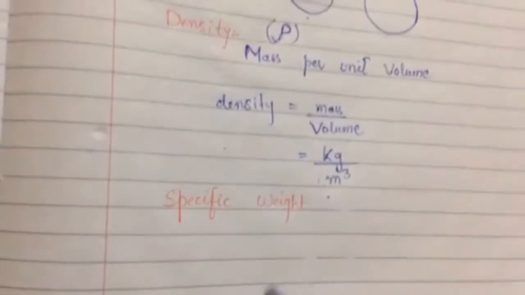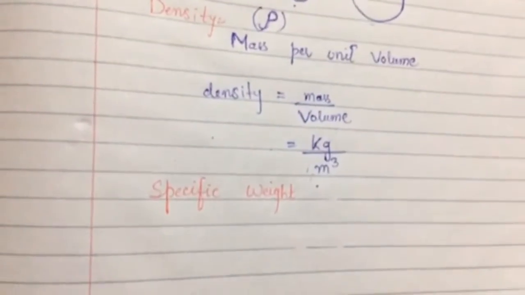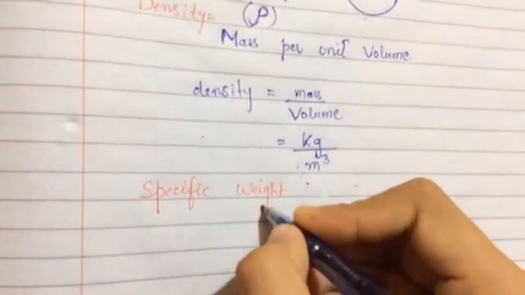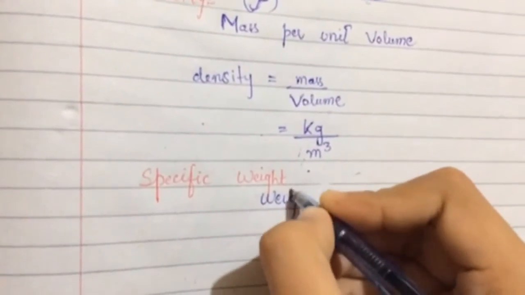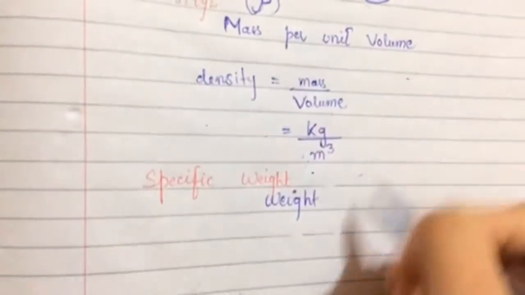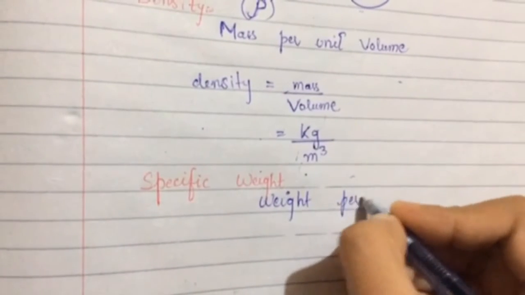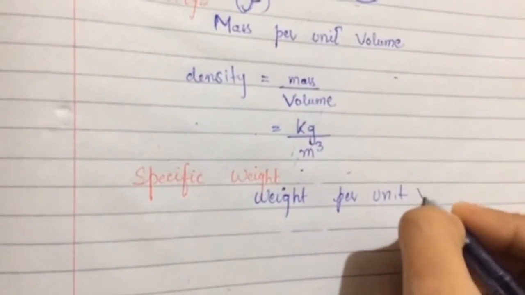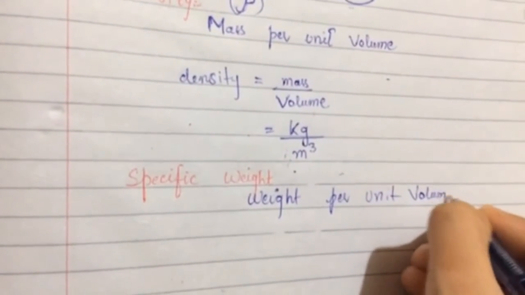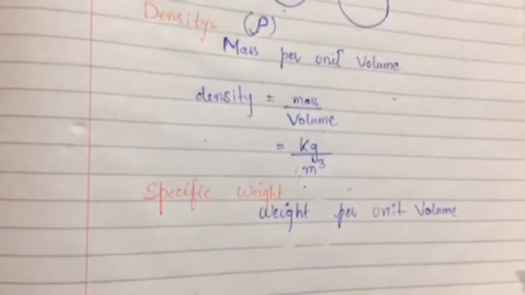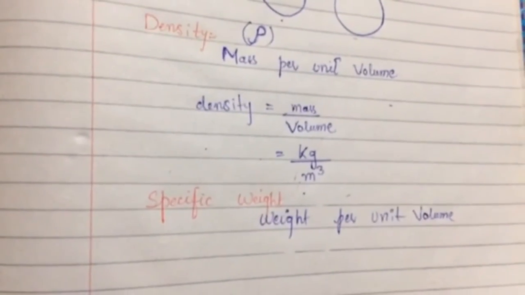After that we are going to study specific weight. The specific weight is the weight per unit volume. It is similar to density, where we consider the mass per unit volume, but in specific weight we take the weight as a reference.